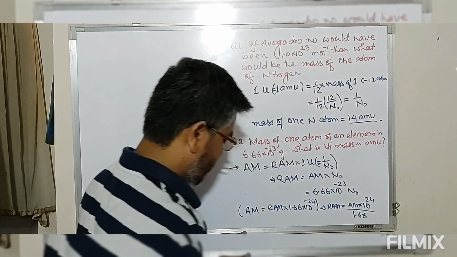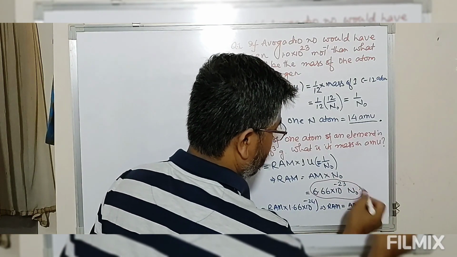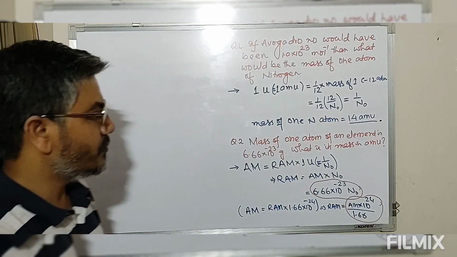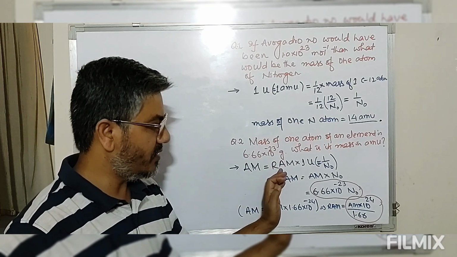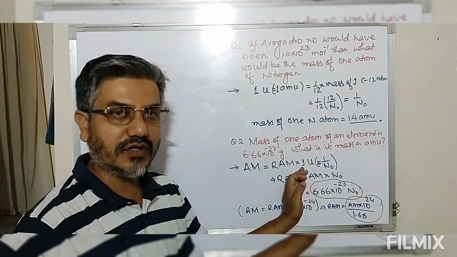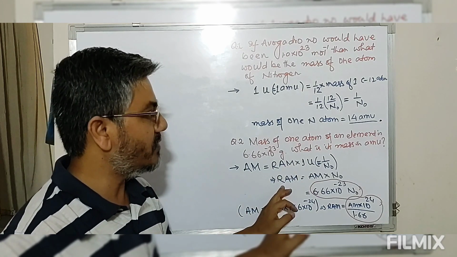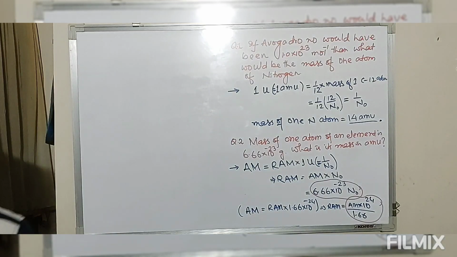These two values will be identical. So we have to use this relationship: absolute mass is the relative atomic mass times gram equivalent of unified mass. From this we define relative atomic mass, which is nothing but amu or unified mass.